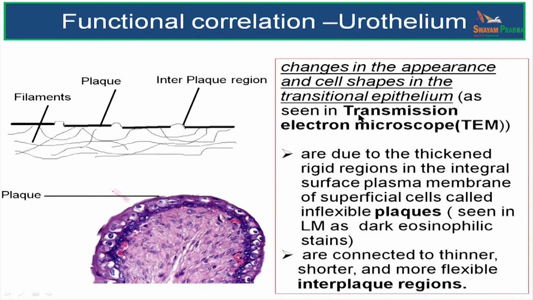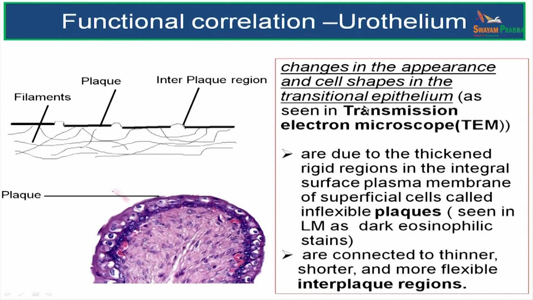As I already mentioned, there is a change in the appearance and cell shapes in the transitional epithelium when it is empty and also when it is distended. When the bladder is empty, the superficial cells are dome shaped umbrella cells.